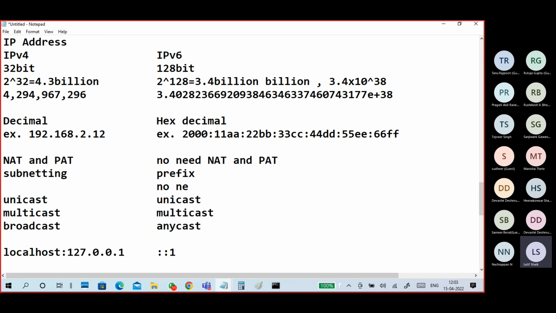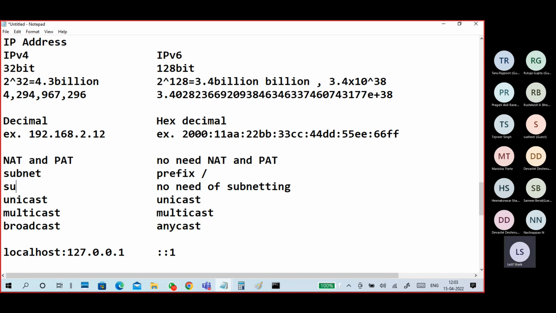Again, no need of subnetting, because IPv6 size is big.